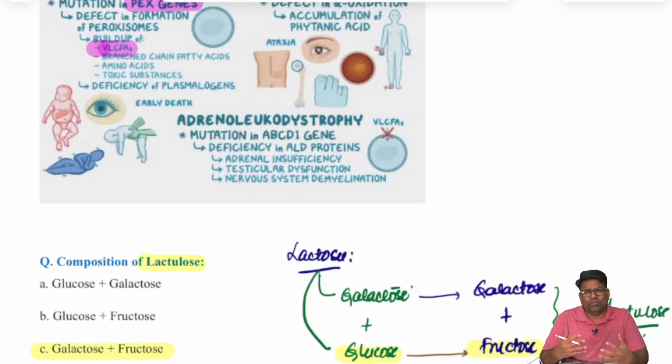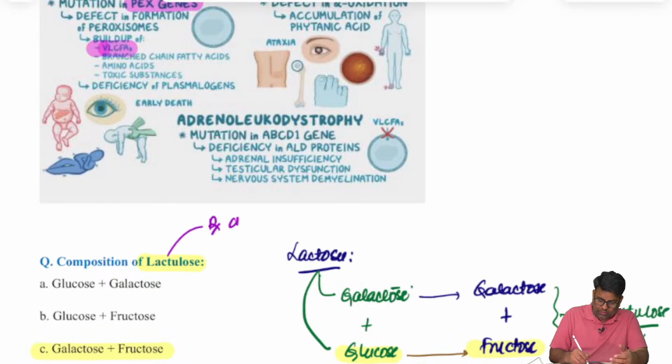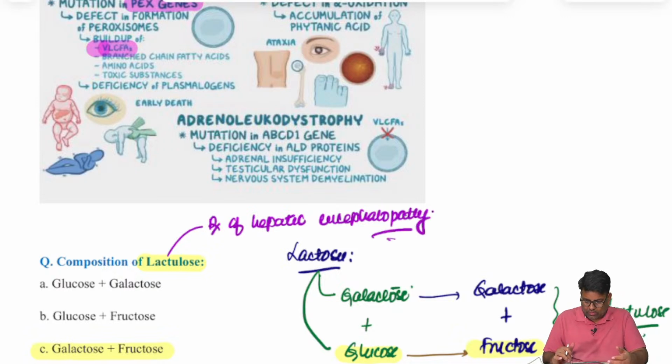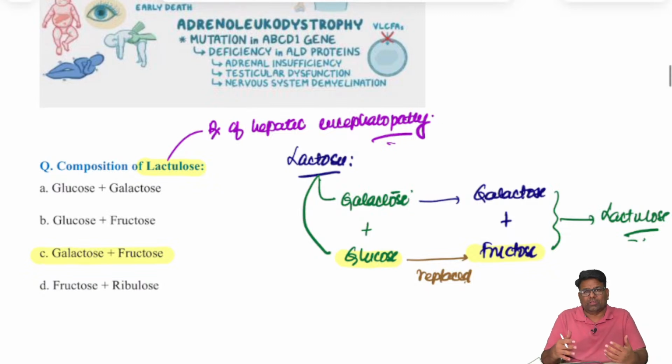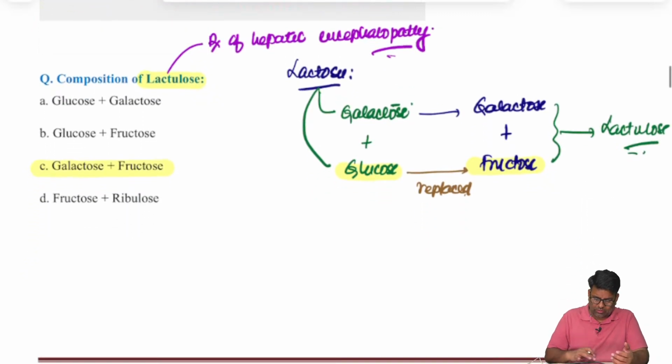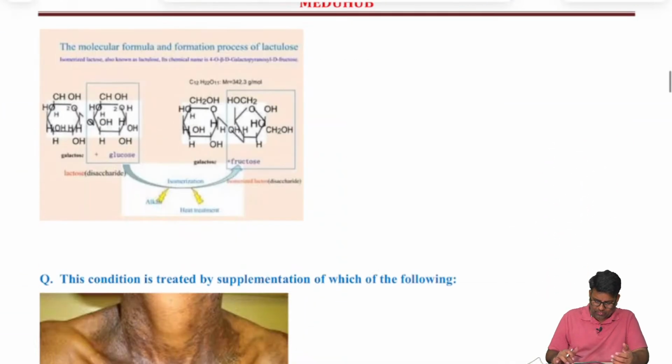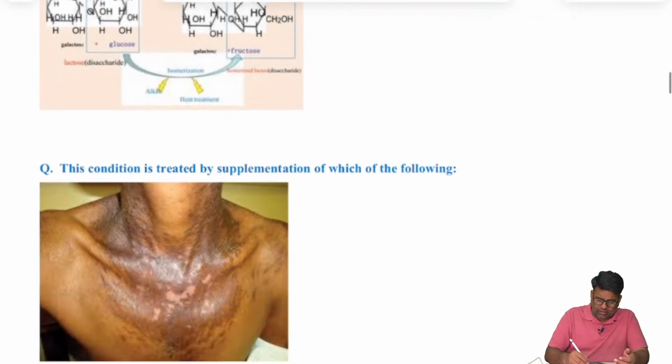And I think if you have read about cirrhosis or hepatic encephalopathy, this is used in treatment of it, for excretion of ammonia from the body. So this is lactulose. Then this is again a repeated question. Many years it has been repeated.